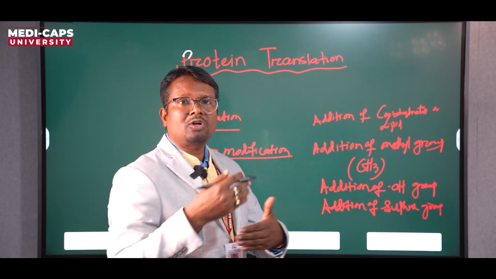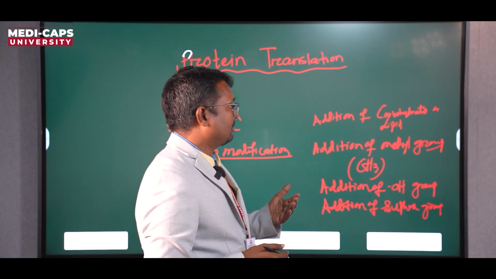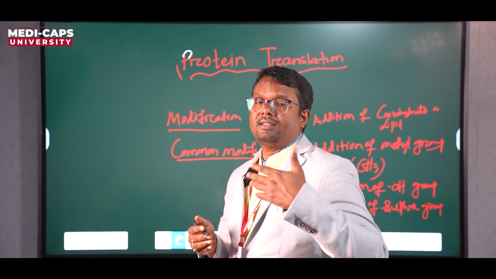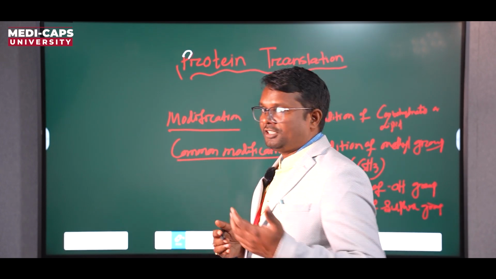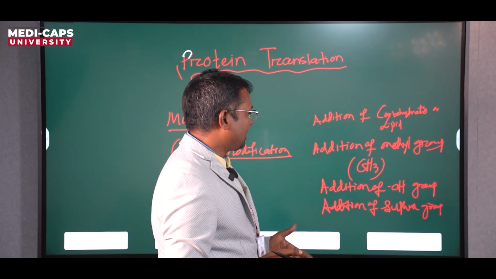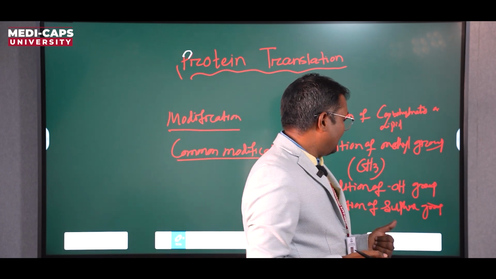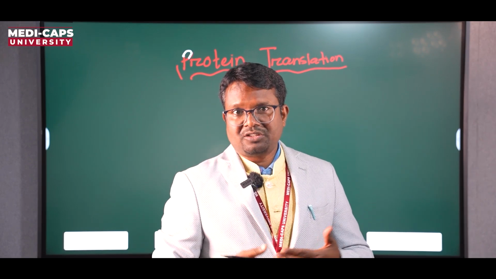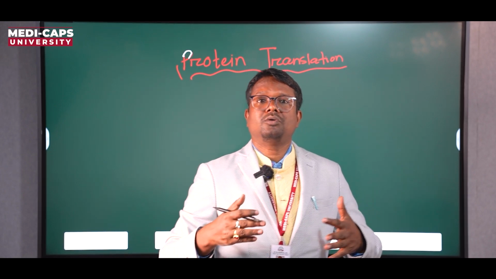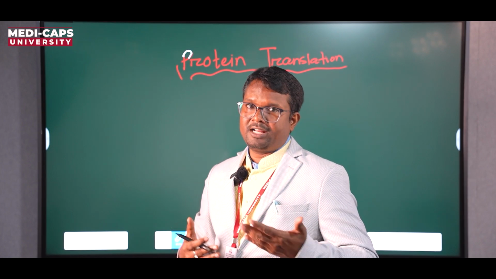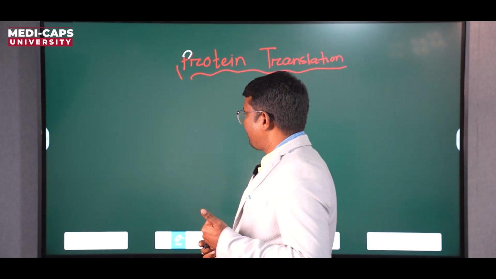There are a lot of other modifications, and I mentioned the most important few basic modifications that we can find in our body system, and they are addition of carbohydrate, lipid, addition of methyl group, addition of OH group, and addition of sulfur group. So these protein modifications lead to the functional activities or help to develop the protein correctly to bring its function very well.